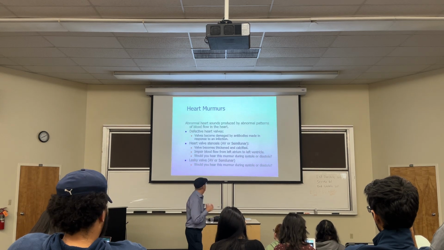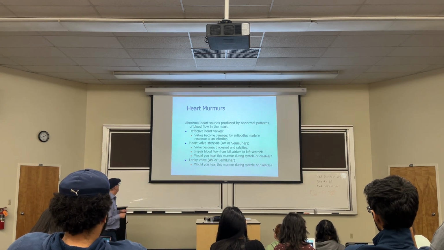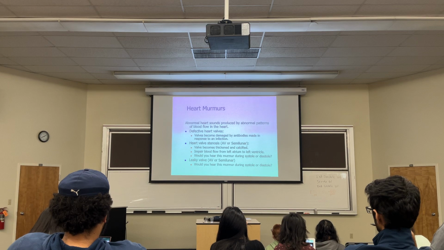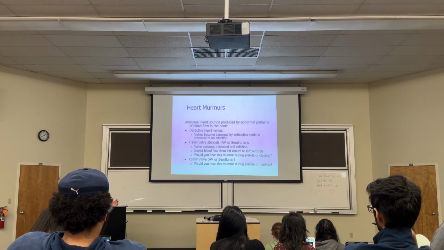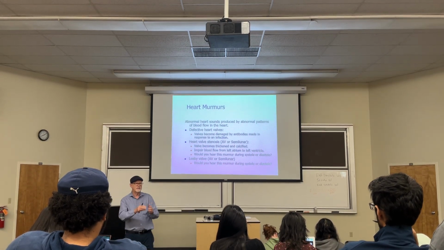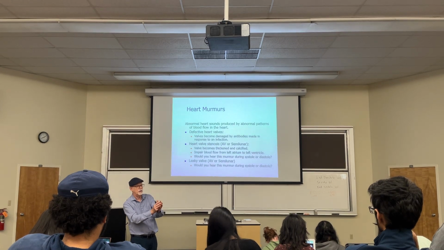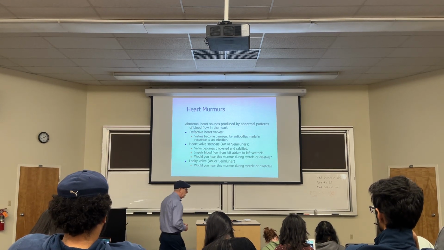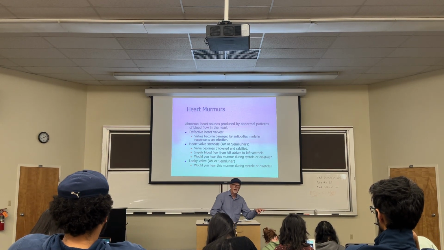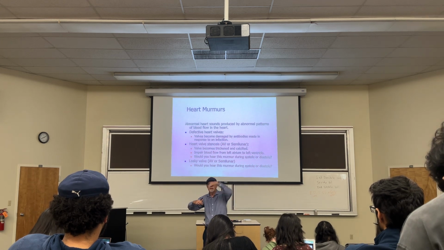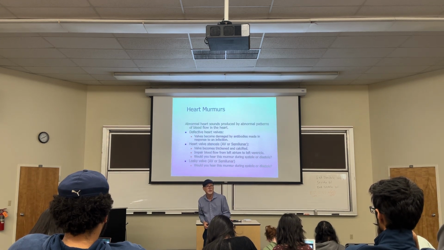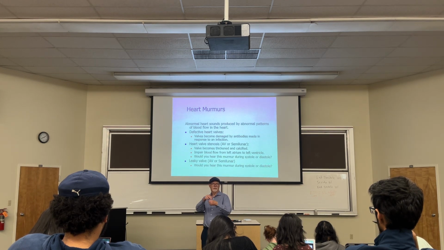Okay. So we can have either valve stenosis, that means it gets too narrow. A lot of times it gets calcified and too narrow. If it's stenotic, when it's open, the blood doesn't go through as efficiently as it should. It's like a pipe that's clogged up a bit.